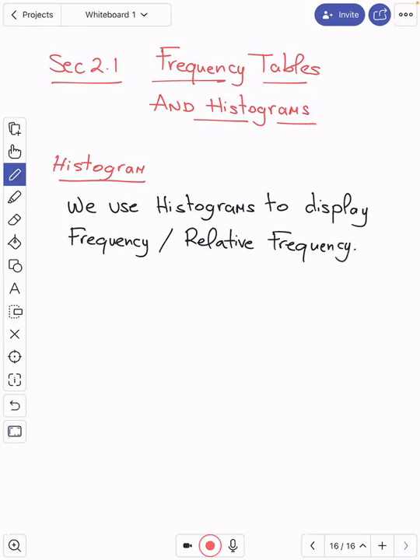Okay, and just to remind you how to draw a histogram, here are the steps.